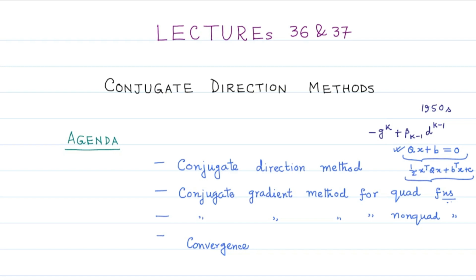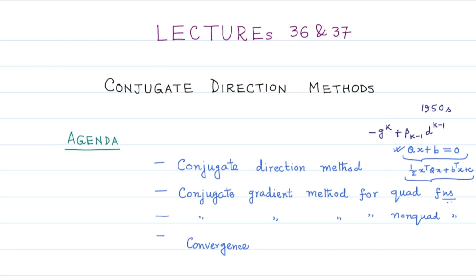In this lecture, we aim to discuss the conjugate gradient method. The agenda is, at first, the discussion of the conjugate direction method, which in turn will give us the conjugate gradient method for quadratic and non-quadratic functions.